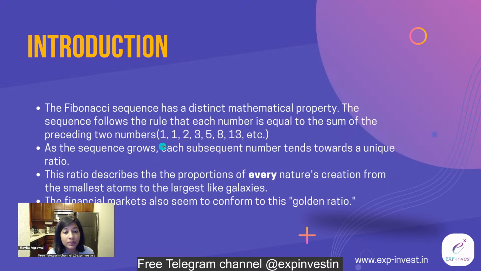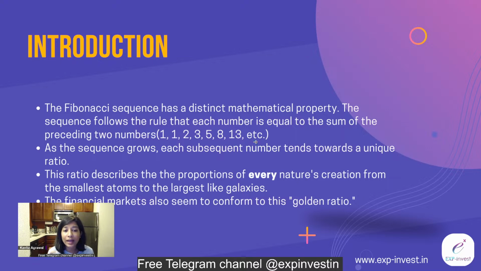For example, the series begins with 1, 1, 2, 3, 5, 8, 13. This is the first mathematical property of the Fibonacci sequence, and it is very important to know these basic definitions because the golden ratio, which I'm going to tell you about briefly, comes out of this very sequence.